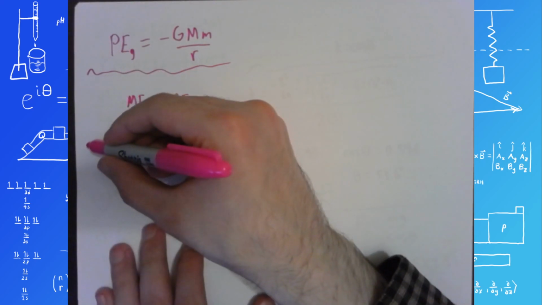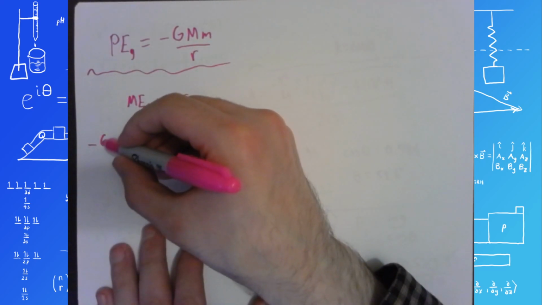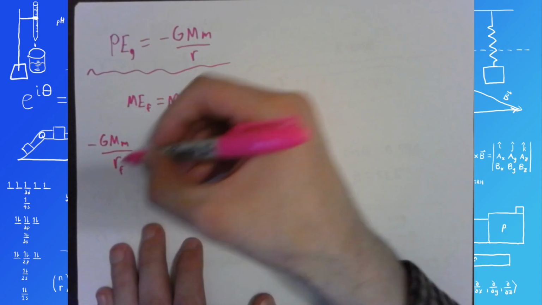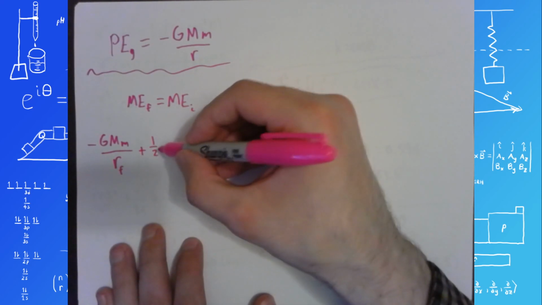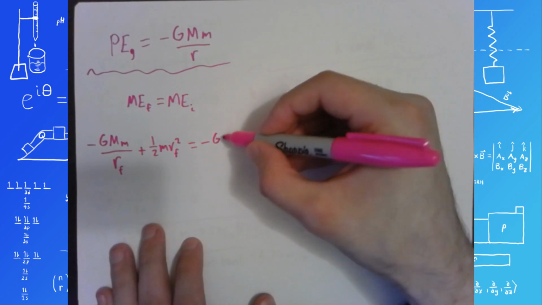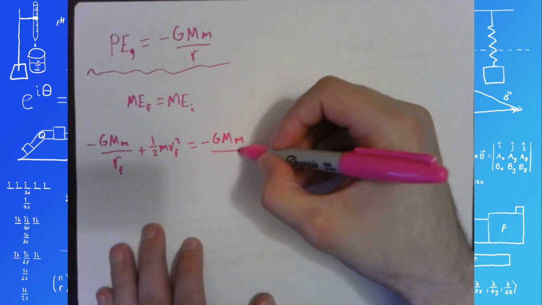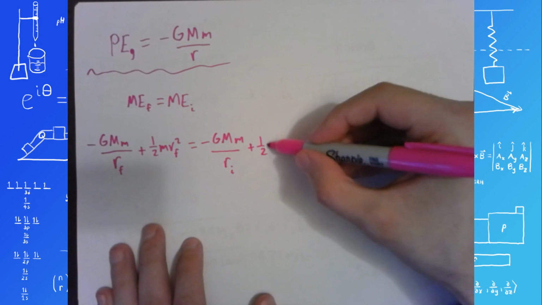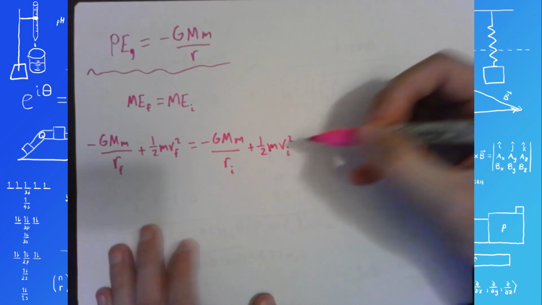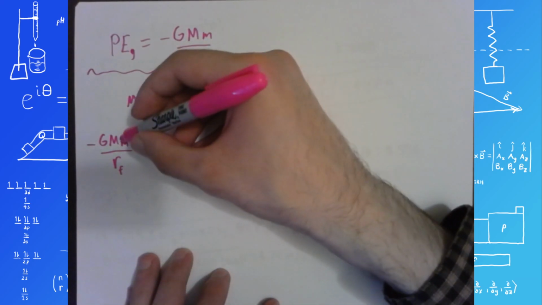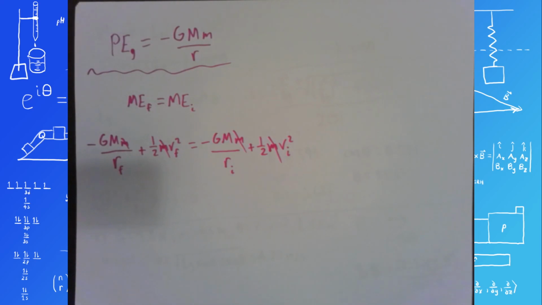So negative GMm over r final plus 1/2 m v final squared equals negative GMm over r initial plus 1/2 m v initial squared. We notice that the little m cancels out everywhere. So the mass of the thing that's being launched does not even matter.